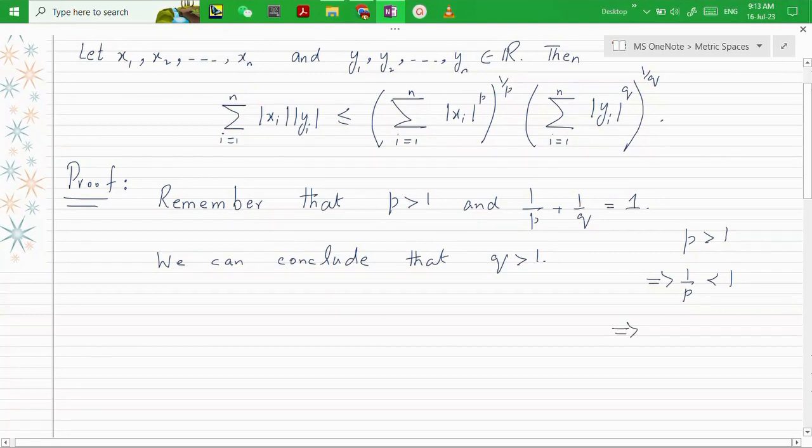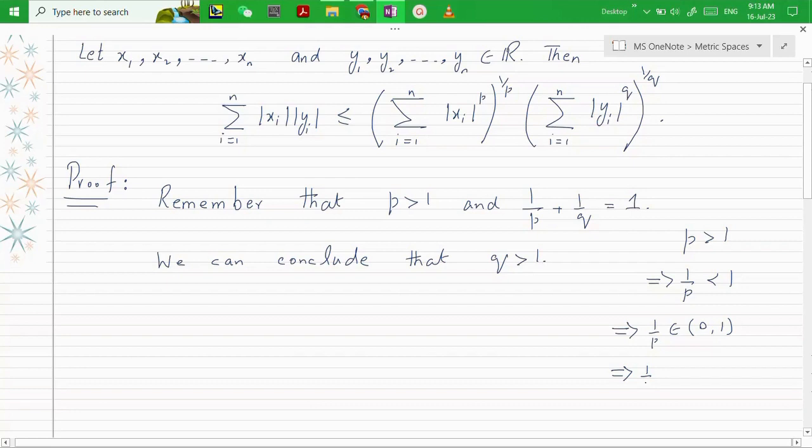So 1 by p belongs to the open interval 0 to 1.